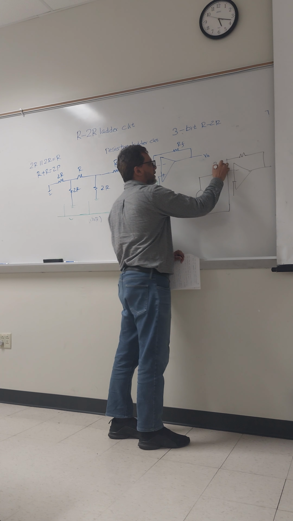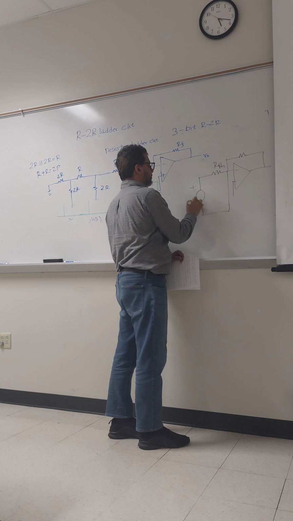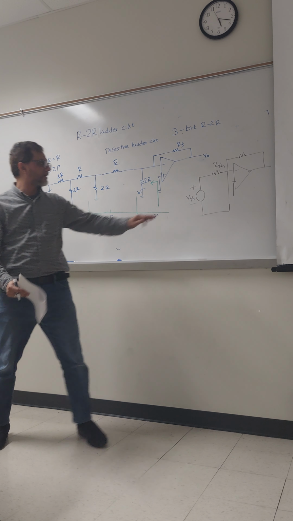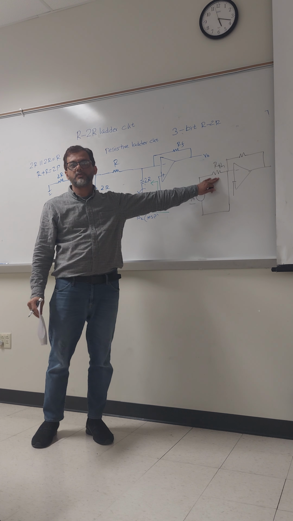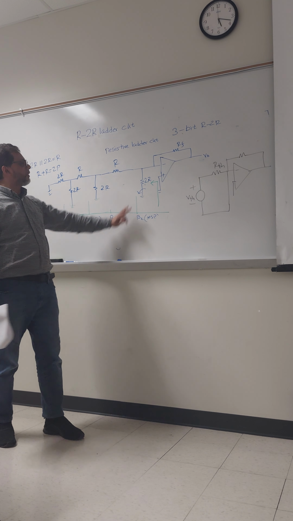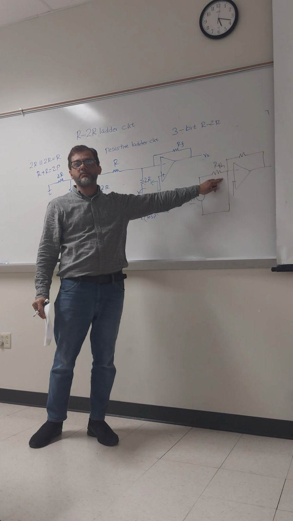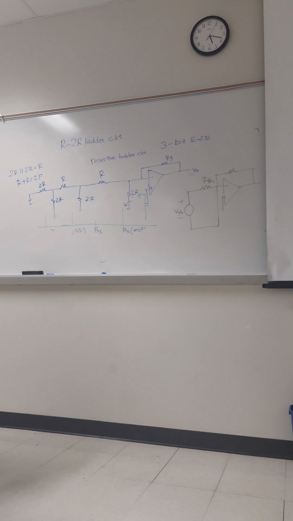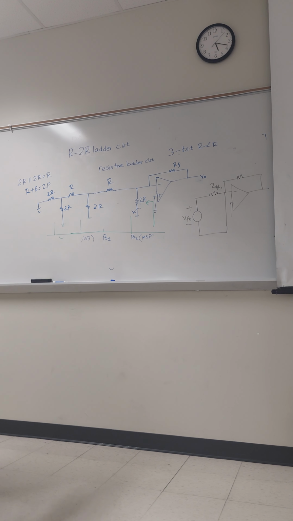So this is RTH. Now we need to find out the Thevenin voltage. We already got this RTH, right? We can replace the whole circuit with this RTH, but we have to have some details there. So we have to find out the Thevenin equivalent voltage now.